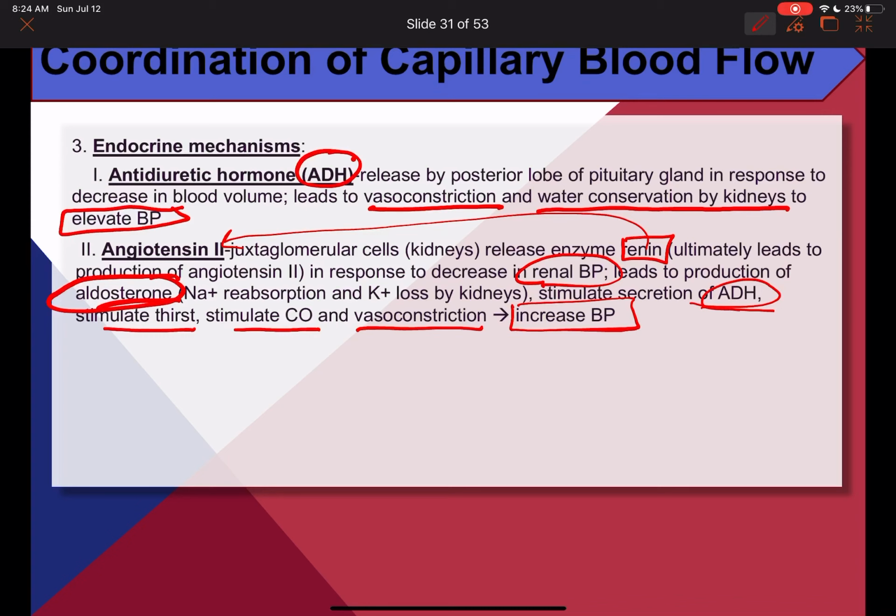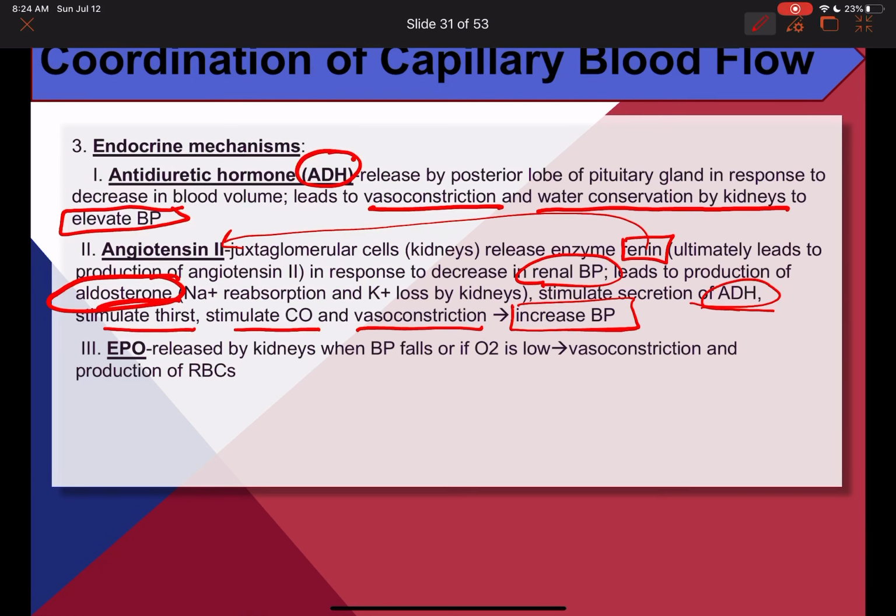Okay. This is known as the RAS pathway that we'll talk about when we get to the urinary system.